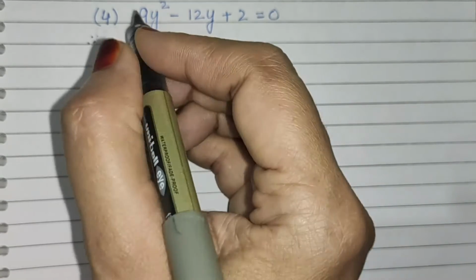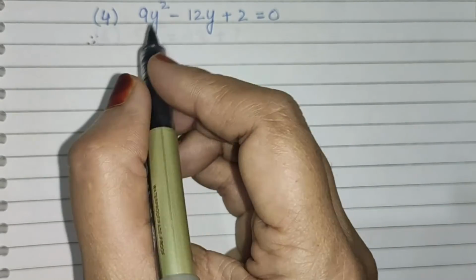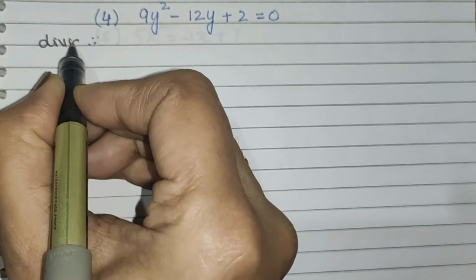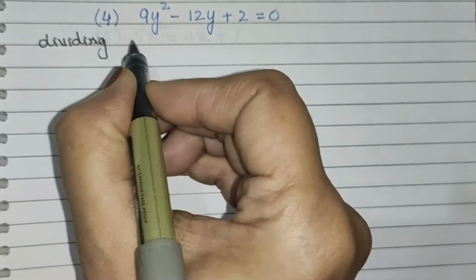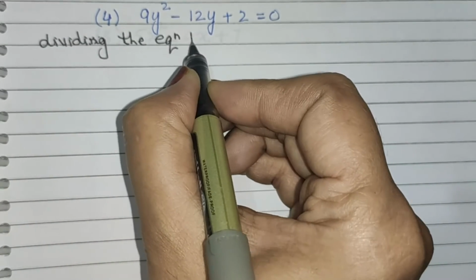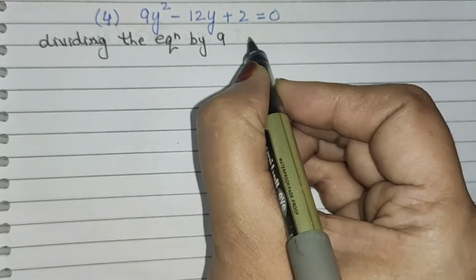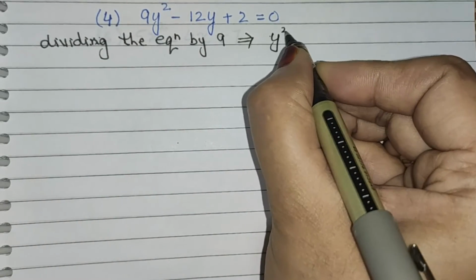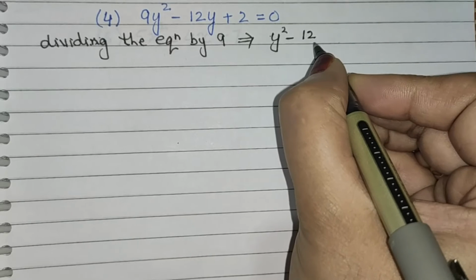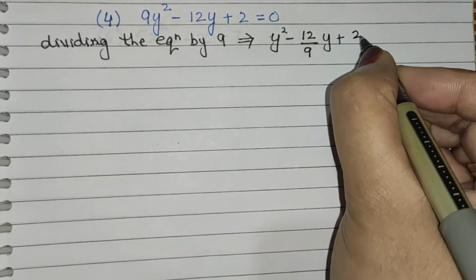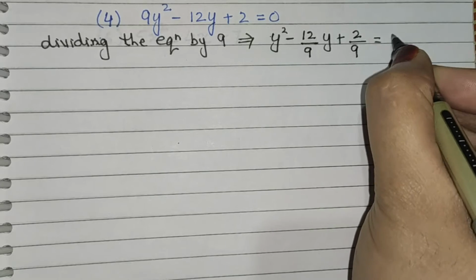Therefore, dividing the equation by 9, we get here y square minus 12 upon 9y plus 2 upon 9 is equal to 0.